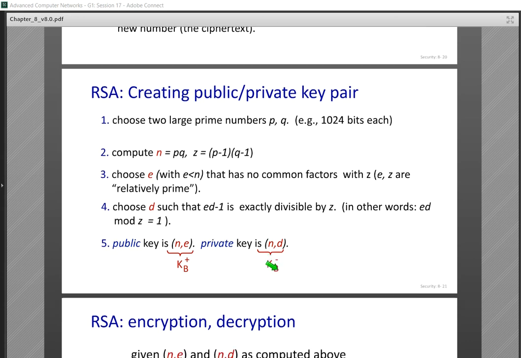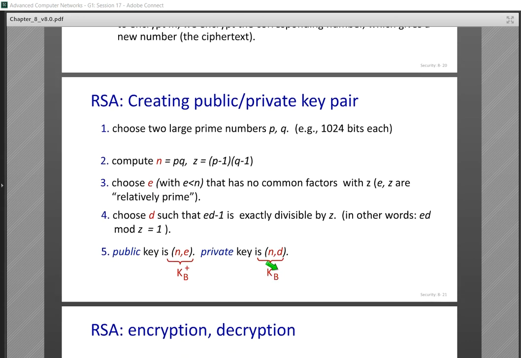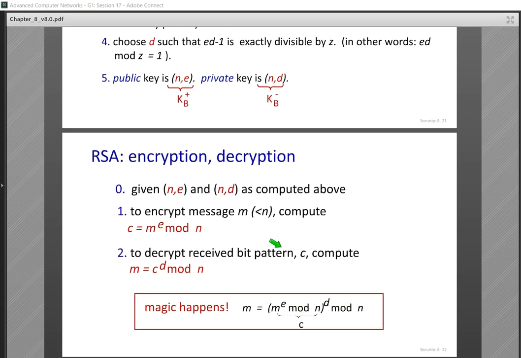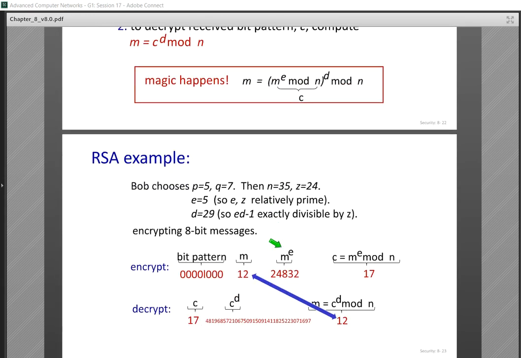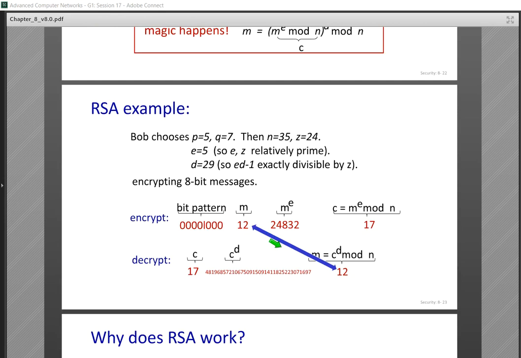So here the public key is n and e, and the private key is n and d. And we can prove it. Look at this one here. We can prove it. Let me show you an example.